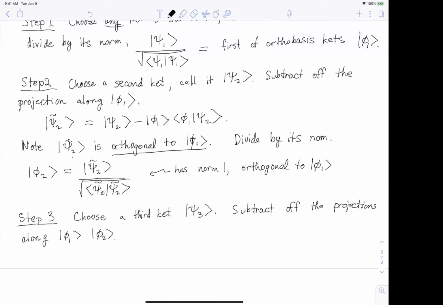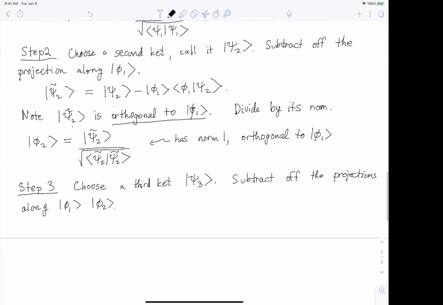Okay, so those are just words. What do we actually mean by that? We mean that we're going to define psi tilde 3, which is going to be the original psi 3. And now we subtract off the following things. Phi 1 times the inner product of phi 1 with psi 3 minus phi 2 with the inner product of phi 2 with psi 3.